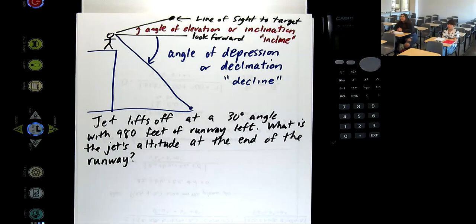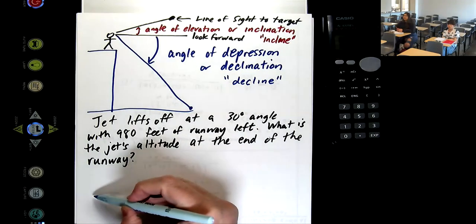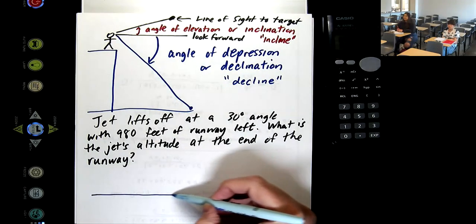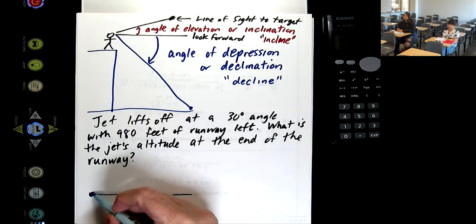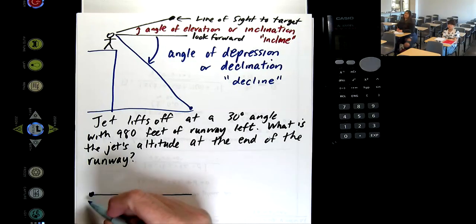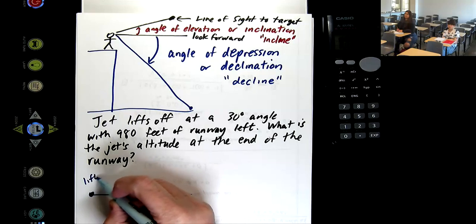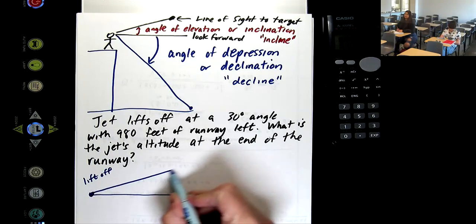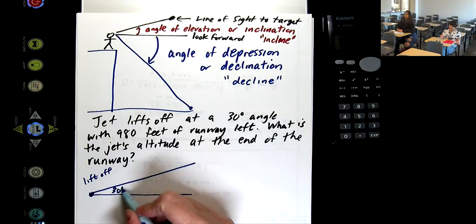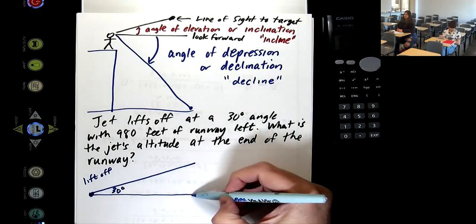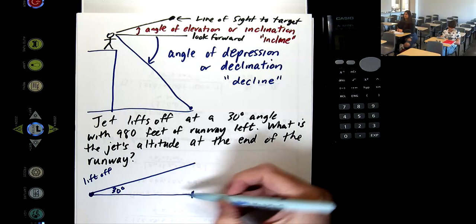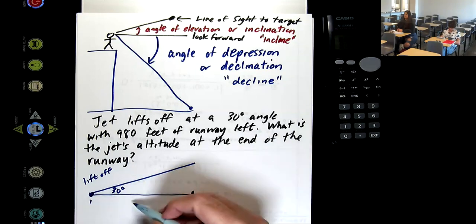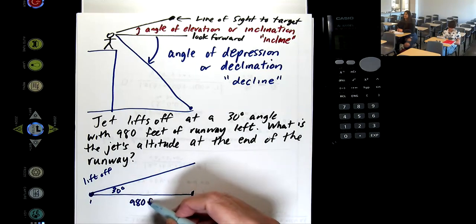So are you saying that the ground level would be? So I'm saying like, here's the runway. This is the point where it starts, the wheels lift off. So lift off is here. And it's flying at an angle that is 30 degrees like that. And so here is the end of the runway. From here to here is 980 feet.